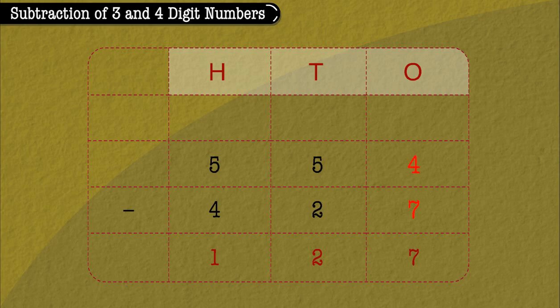The regrouping is done in the ones place. That is, a 1 is borrowed from the tens place. When a 1 is borrowed from the tens place, the number there decreases by 1. That is, 5 becomes 4, and then 2 is subtracted from 4 to get 2 as the difference.